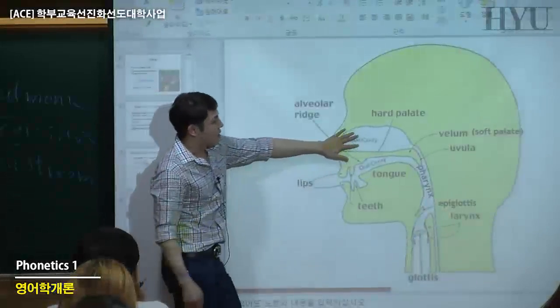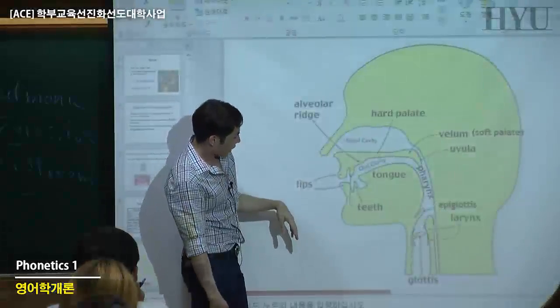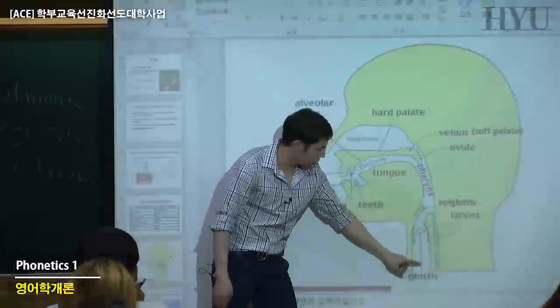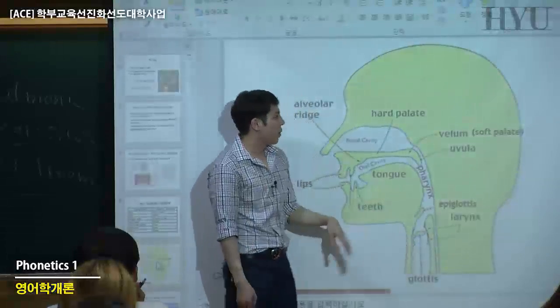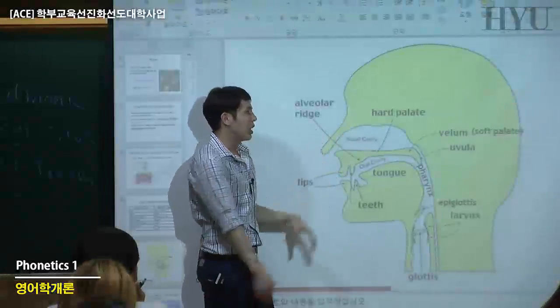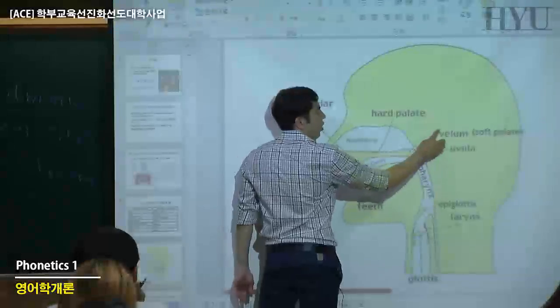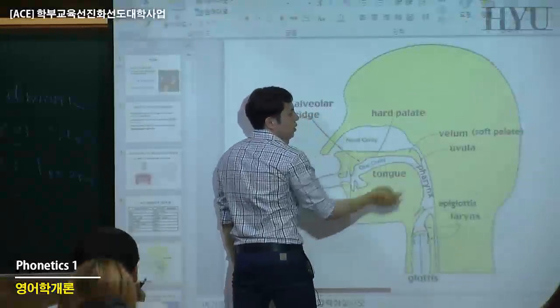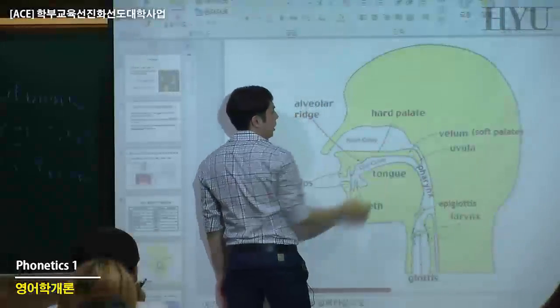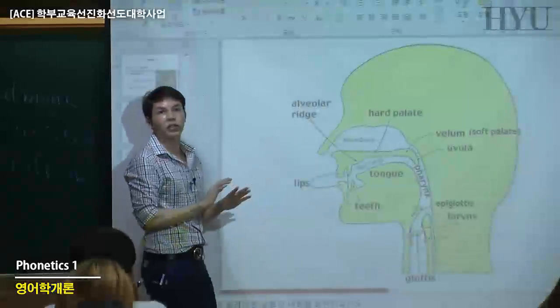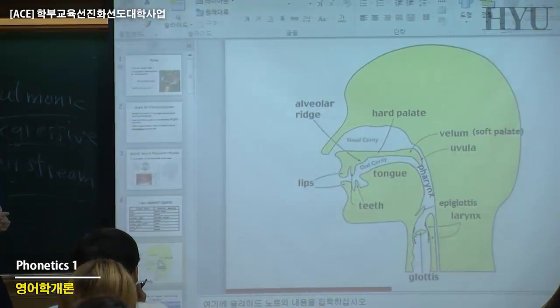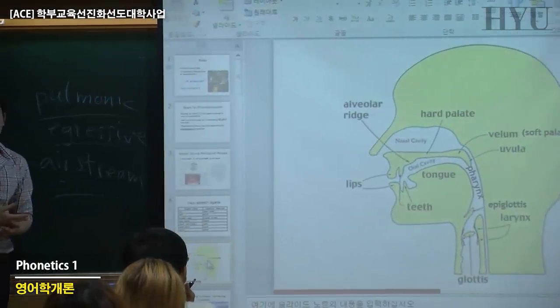And then this is the nasal cavity. And then the glottis, I'll talk about the glottis in a minute. So these are the names that you should have down. So the velum, the uvula, the hard palate, and the alveolar ridge. All these are necessary terms that you need to know in order to describe speech sounds, okay?